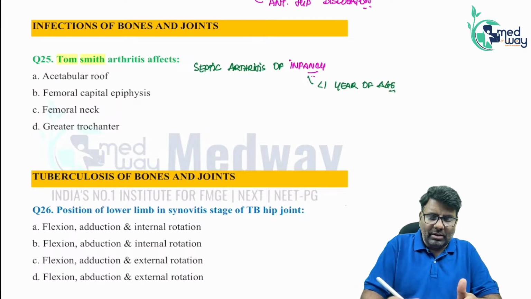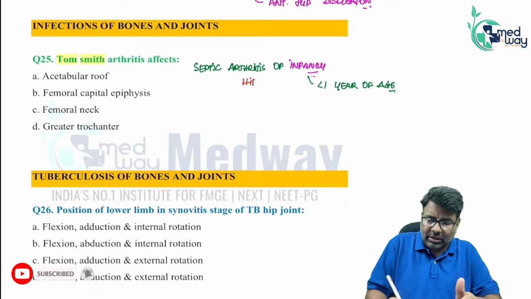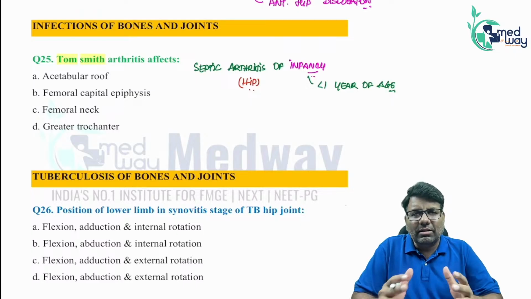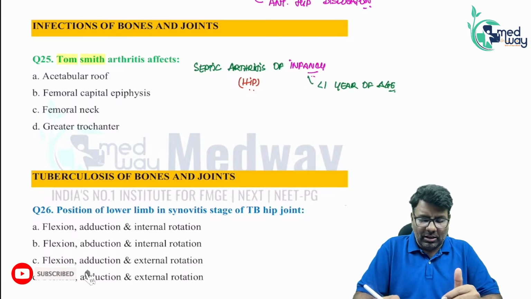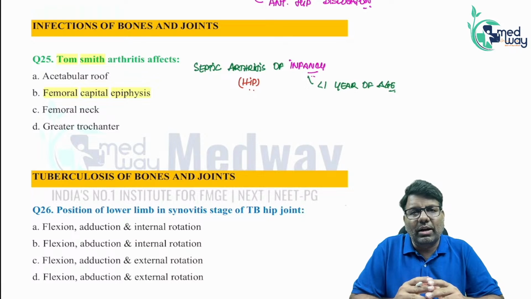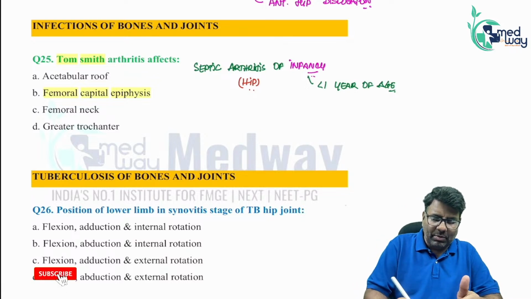So here there is septic arthritis of the hip in infancy, and the head of the femur is cartilaginous at that particular age, and therefore there is extensive damage to the epiphysis of the femoral head. So femoral capital epiphysis.